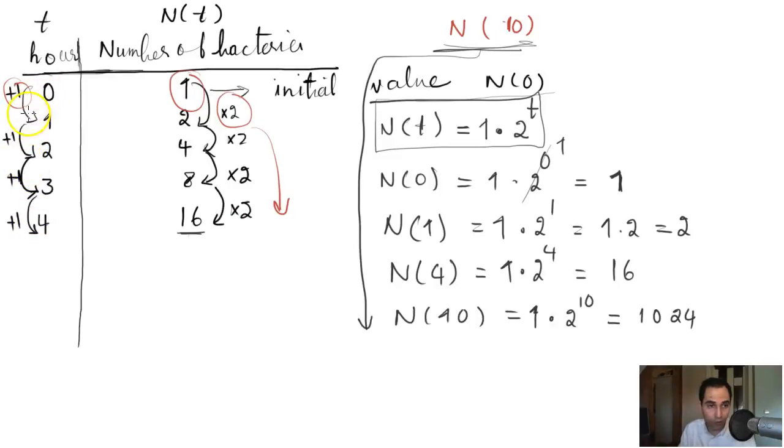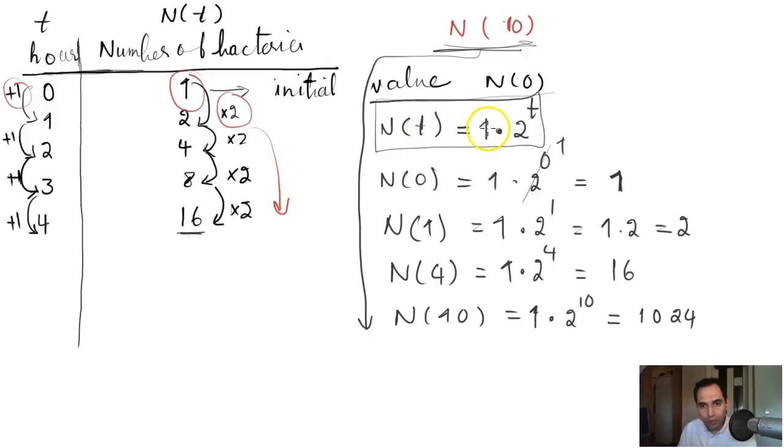And of course, it's important to note that the input is incremented by 1 every time. Otherwise, we would have to make some changes to the formula. But as long as the input is being incremented by 1, you can just go with this procedure here.